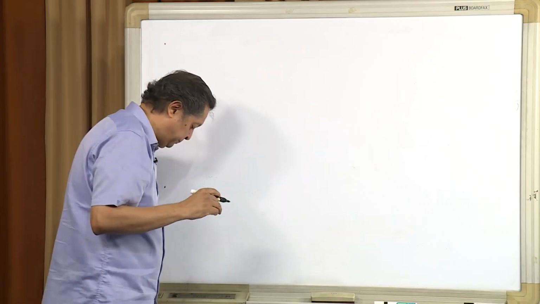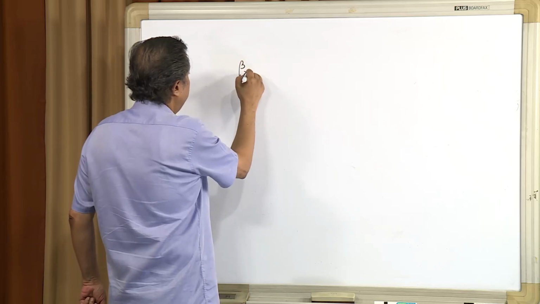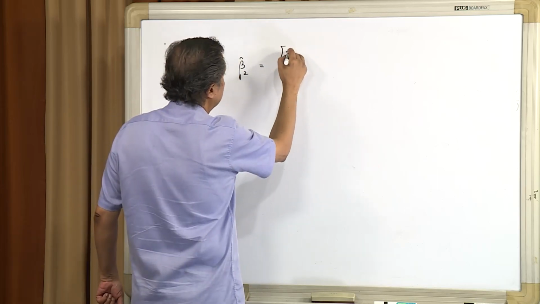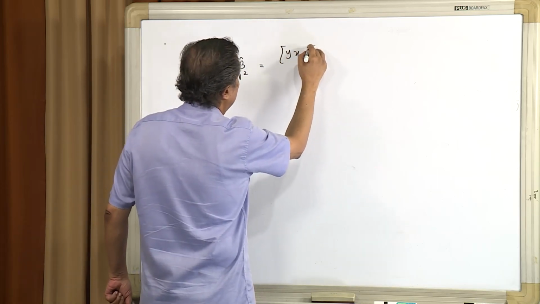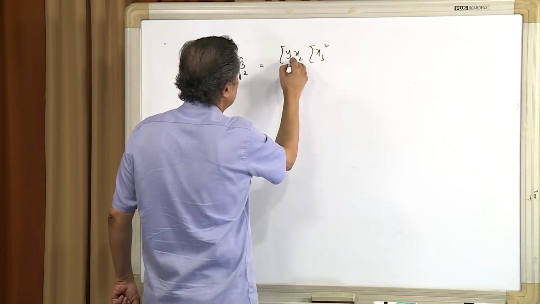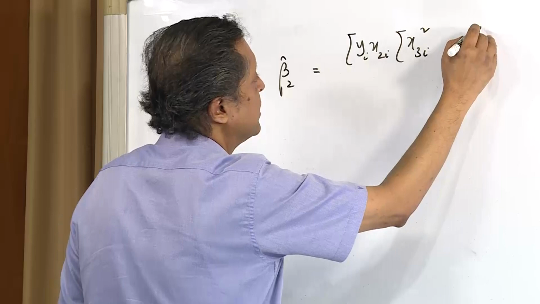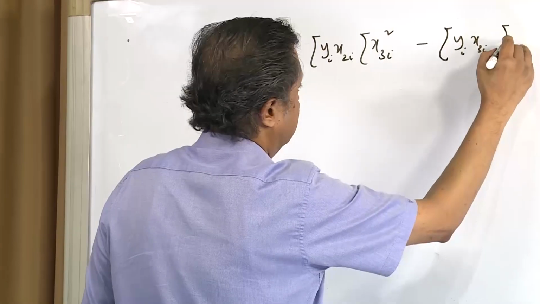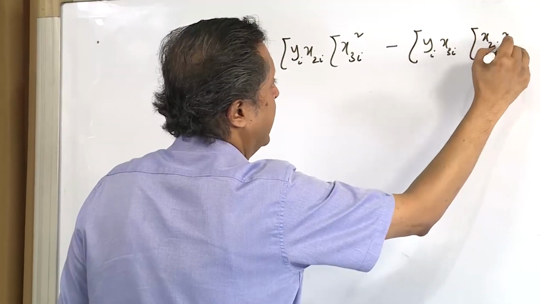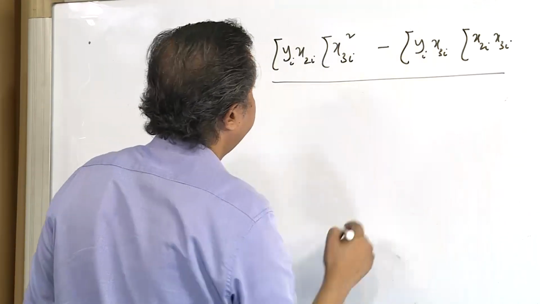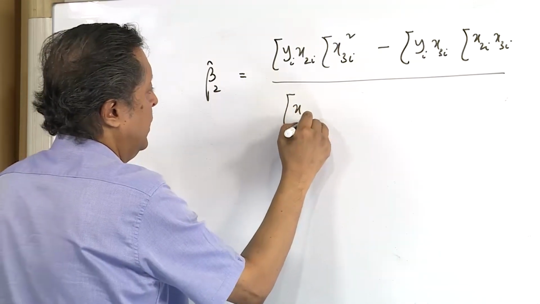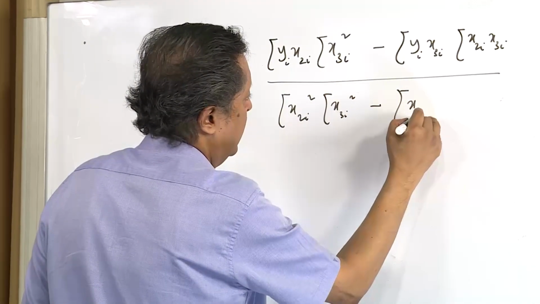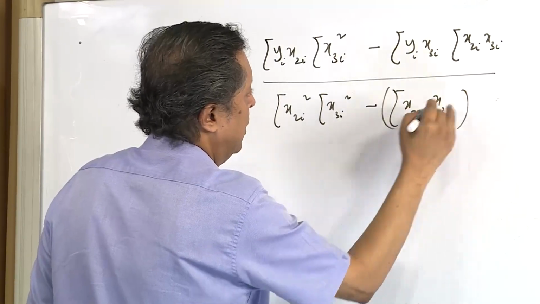In the 3 variable model, beta 2 hat is equal to summation yi x2i summation x3i square minus summation yi x3i summation x2i x3i, all upon summation x2i square summation x3i square minus summation x2i x3i whole square.